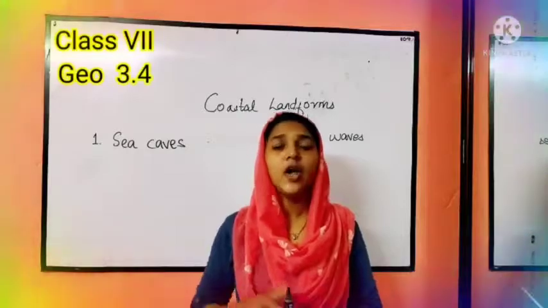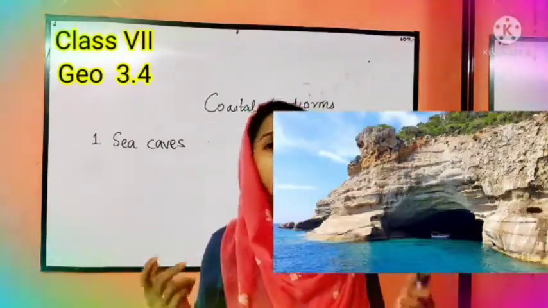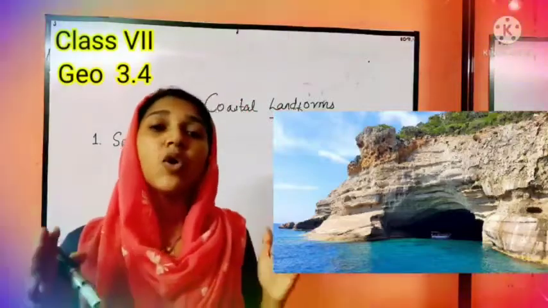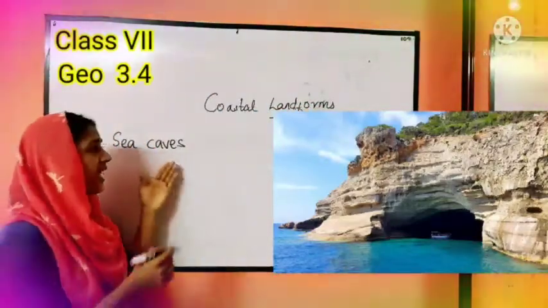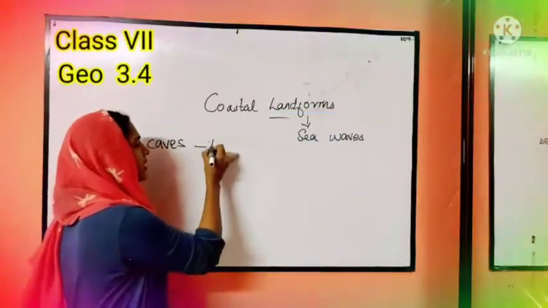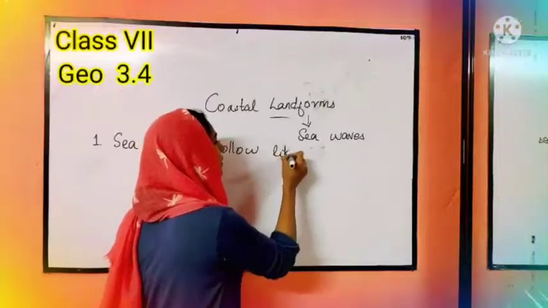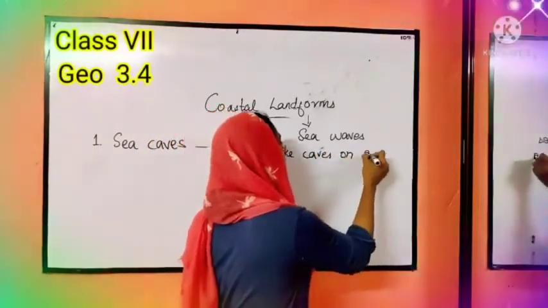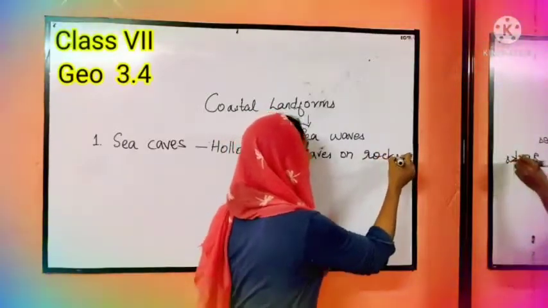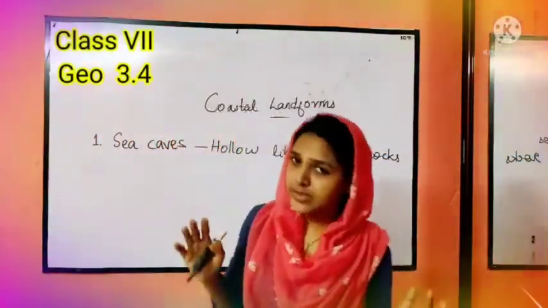As a result, hollow-like caves will appear on the rocks. These hollow-like caves are called sea caves. So, these sea caves are the first type of coastal landform.